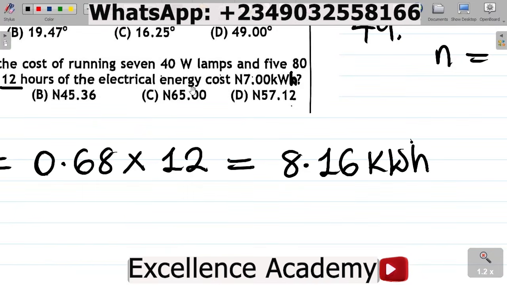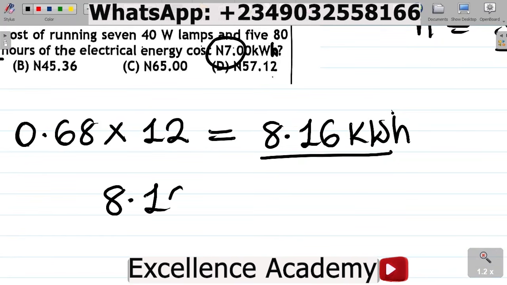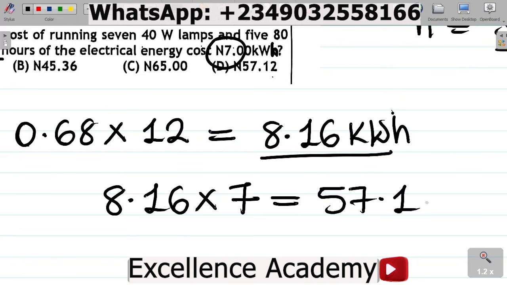Now, if the electrical energy cost is 7 naira per kilowatt hour, that means if you have 8.16 kilowatt hours, how much would you pay? You simply multiply this value by this amount here. So it becomes 8.16 multiplied by 7, since you charge 7 naira per kilowatt hour. That gives you 57.12.